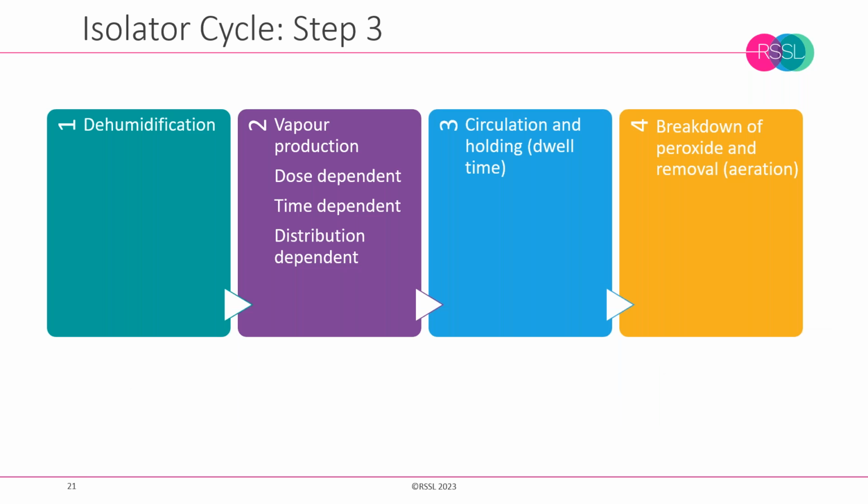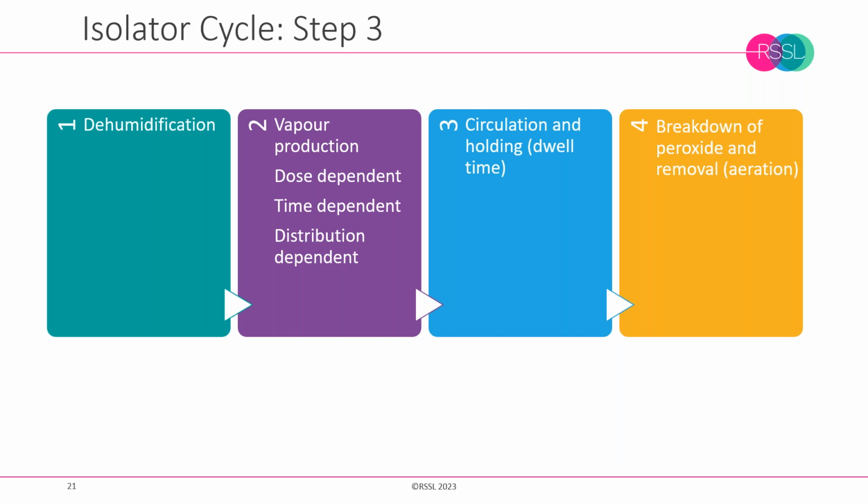Now, it's important that we control temperature and humidity, because getting the vapor to the optimal conditions is robust when it's perfect, but can be fragile if it's slightly out. So it's important that we dehumidify the ambient air.